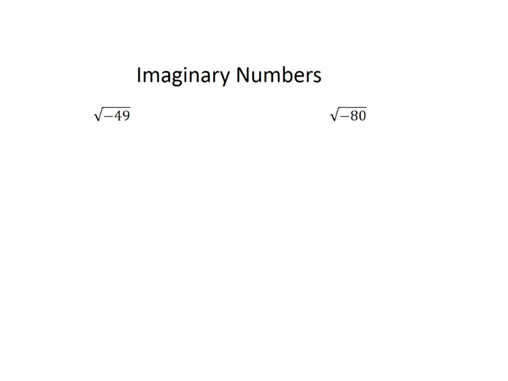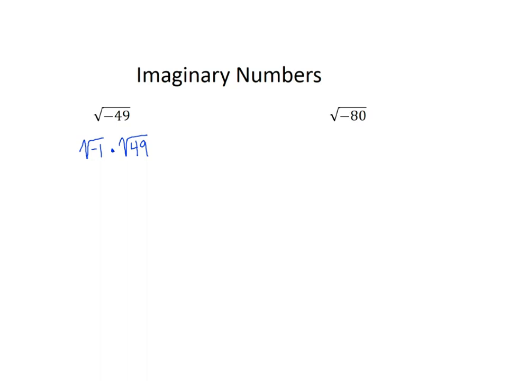So here's how this works. We can rewrite the square root of negative 49 as the square root of negative 1 times the square root of 49. That way, the negative is removed, and only the negative is removed, but we still have the value of the number, and we can take the square root of that.